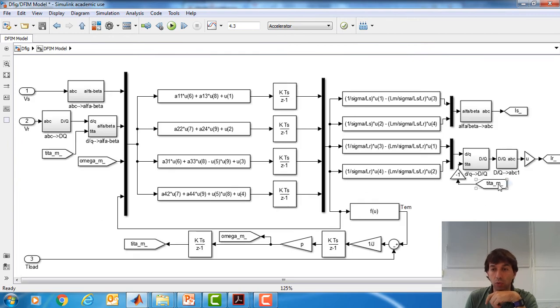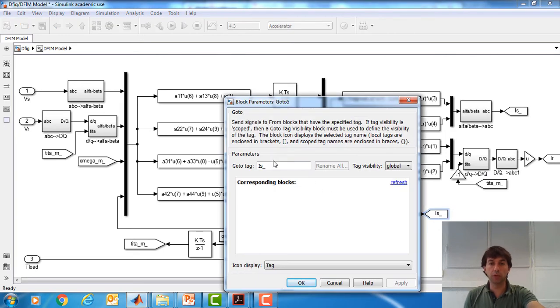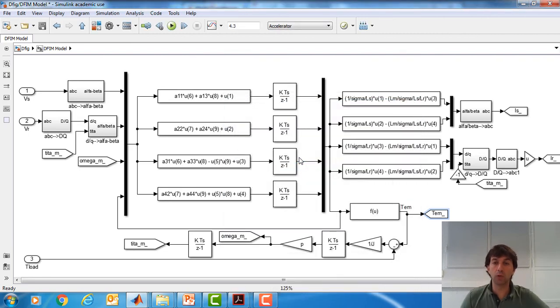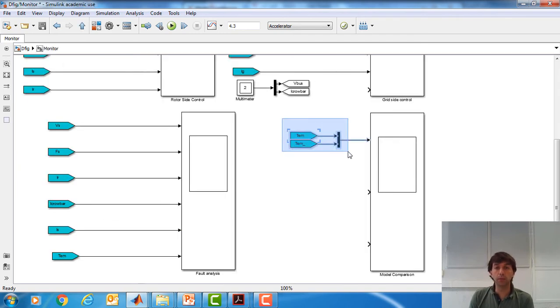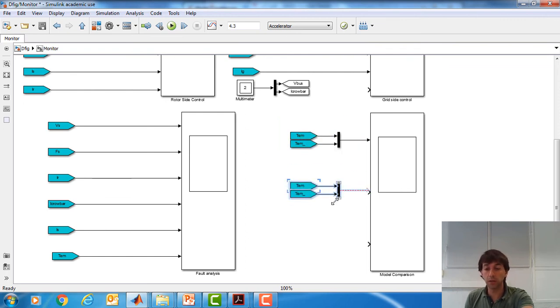Let's use one torque from there, and this will be our own torque. And then let's compare these two currents. It's there, copy there.